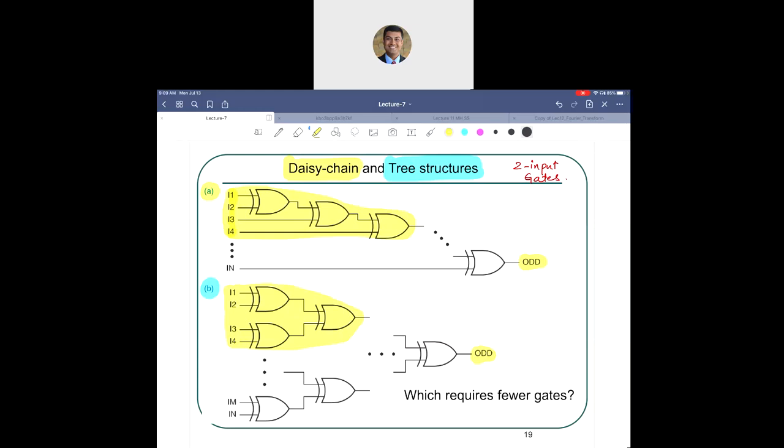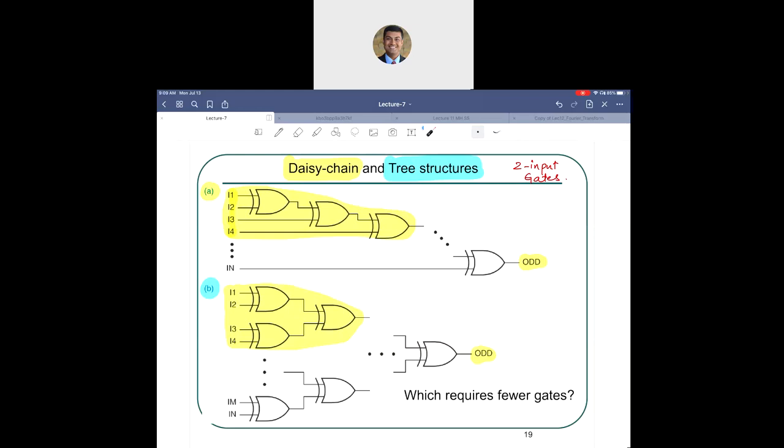So if you stop at I4, you are fine. However, if you add one more, I5 for example, you would only need to add one more exclusive OR gate here in the daisy chain. However, you will need to add 3 more exclusive OR gates over there in the tree, right? So if you add I5, you will have more gates in the tree structure than daisy chain.